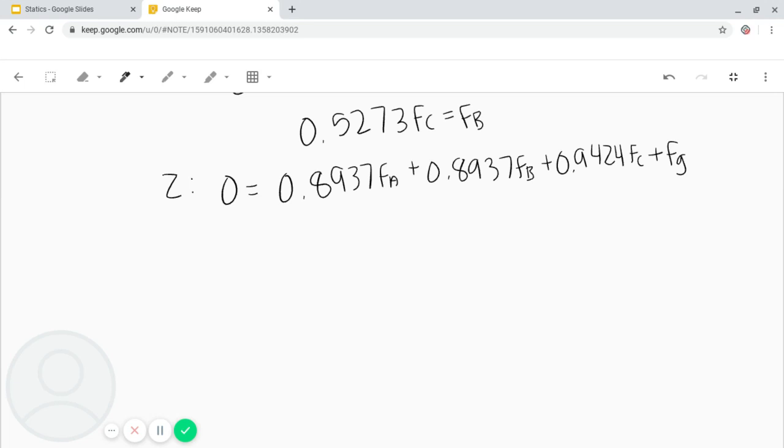So if I do that, I'm going to just skip a step here. So instead of substituting it in, I'll do it directly. So 0 equals, let's see here.